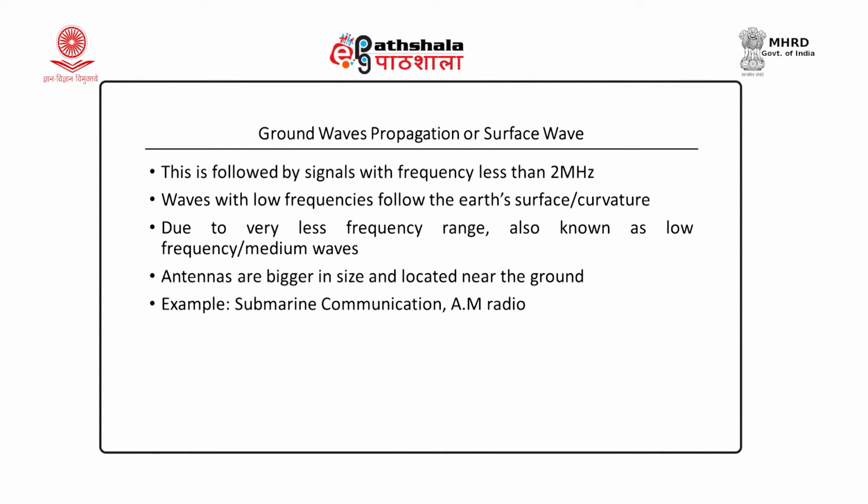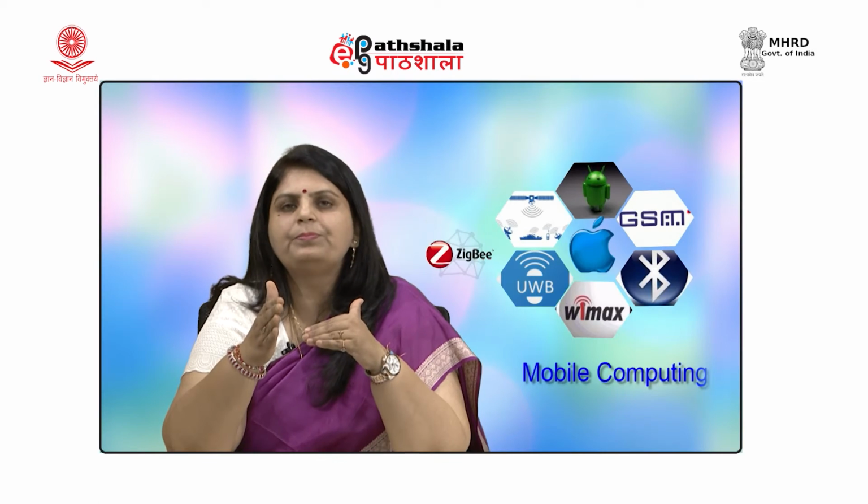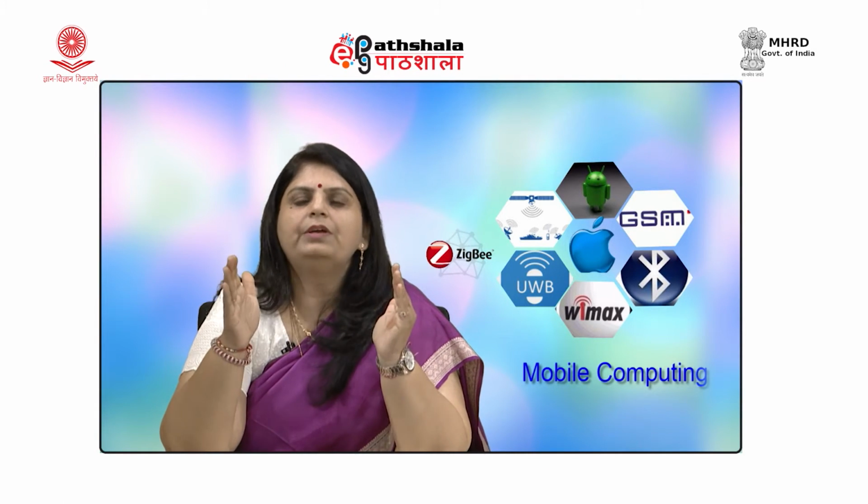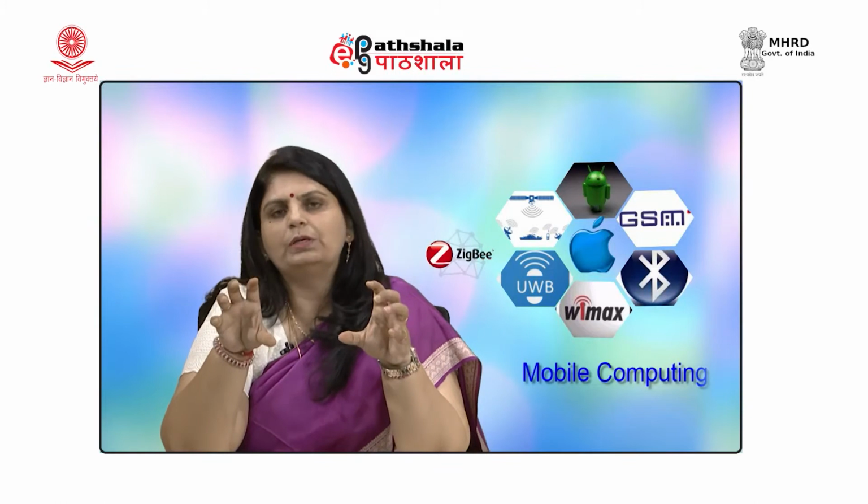The antennas for this type of propagation are bigger in size and located near the ground. Now, we know that antenna size is proportional to the wavelength. I am saying that the frequency of the ground wave is less, and we saw in the last lecture that frequency is inversely proportional to wavelength, which means that if the frequency is less, the wavelength would be more, right.